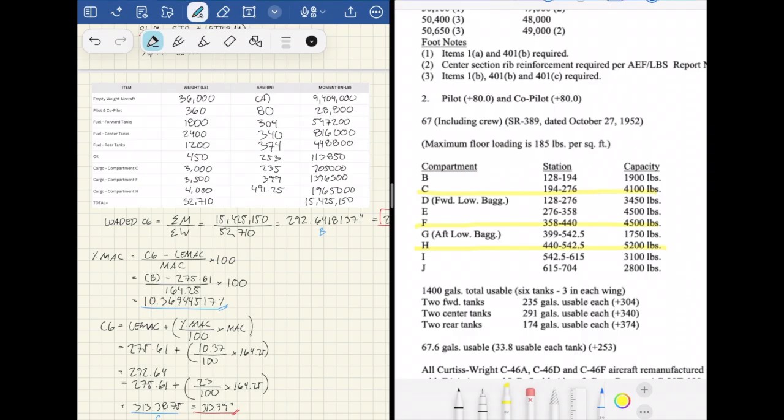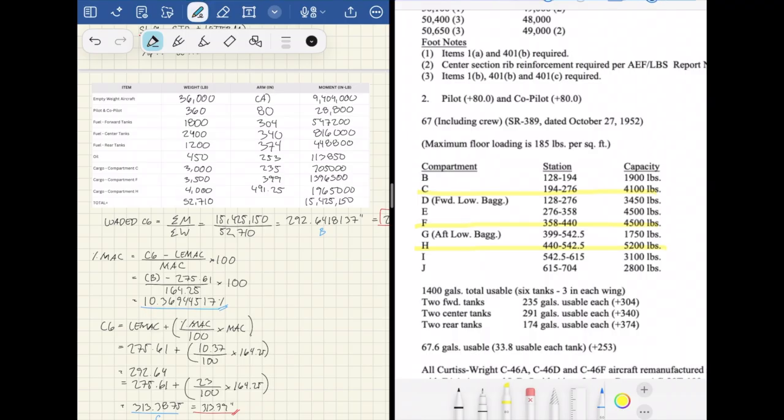Ang capacity niya is 4,100 pounds. Si F naman, 3,500 yung loaded na weight, and then 4,500 naman yung pounds na maximum capacity. And then sa H naman ay 4,000 pounds, and ang capacity niya is 5,200 pounds.